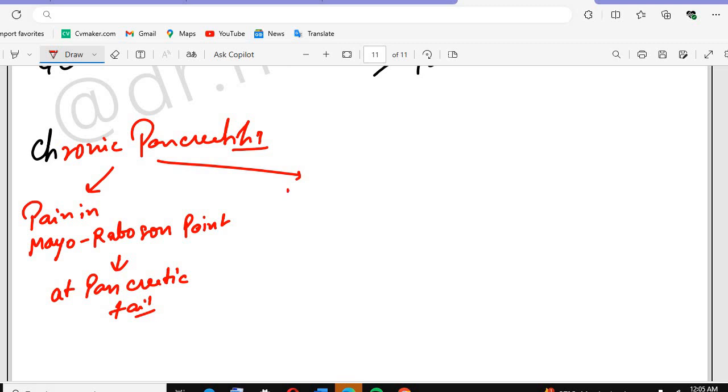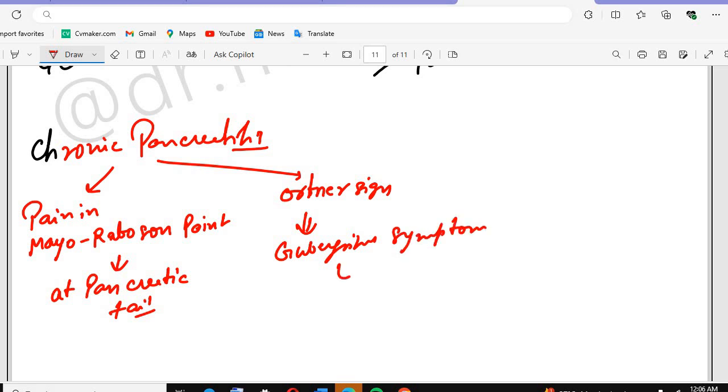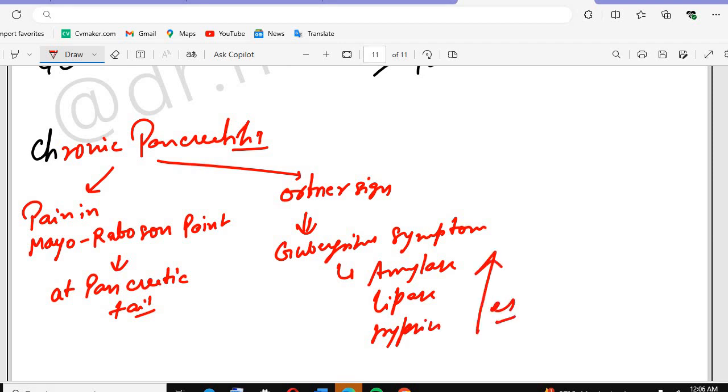Then we would have the Ortner sign, or the Grott symptoms. What are the Grott symptoms? The amylase, lipase, or trypsin would all be increased.